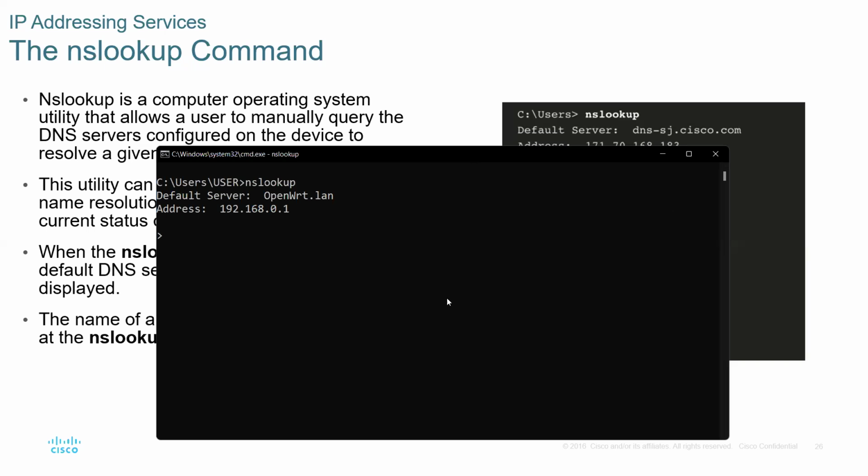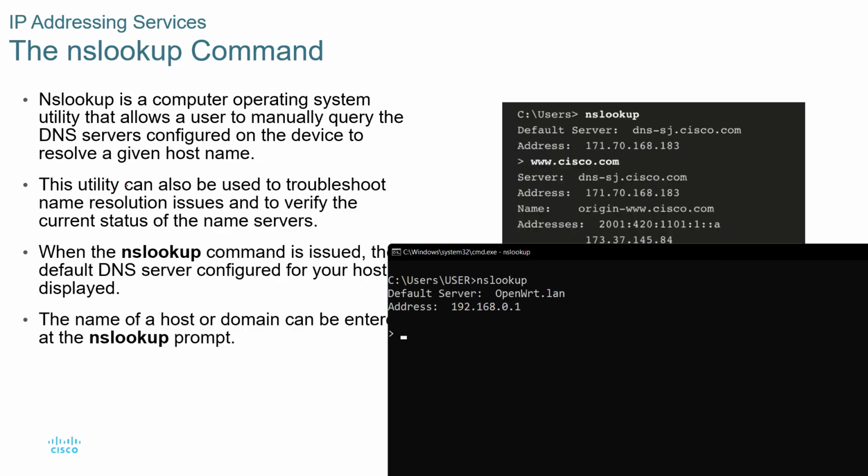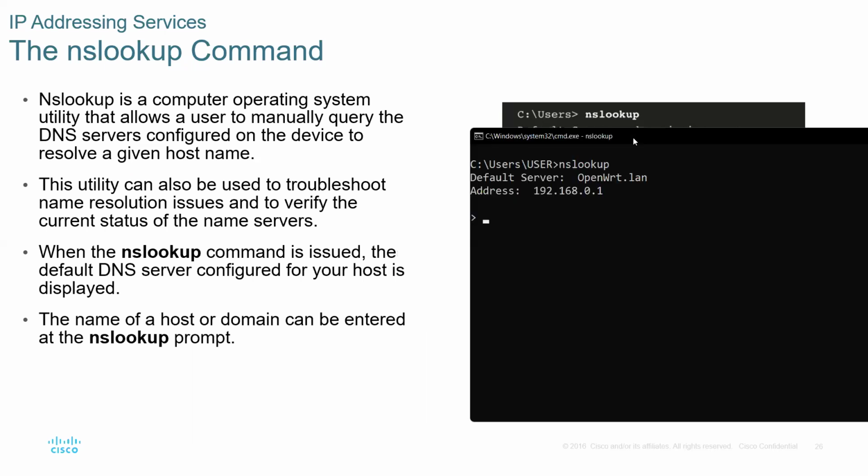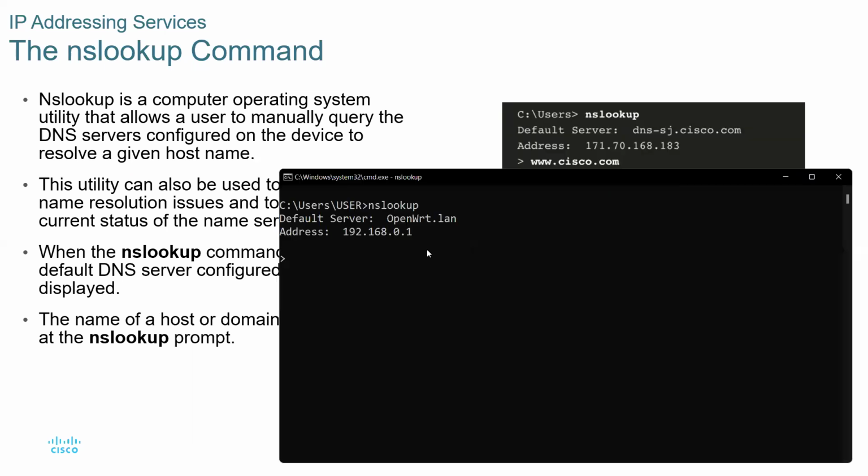Okay, so while it is running that, it says that the utility can be used to troubleshoot and resolve domain name issues. So when the nslookup command is issued, the default DNS server configured for your local host is displayed. And what is our DNS server? This is our DNS server.